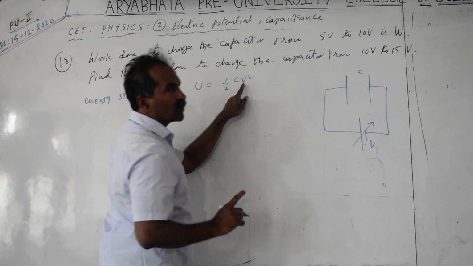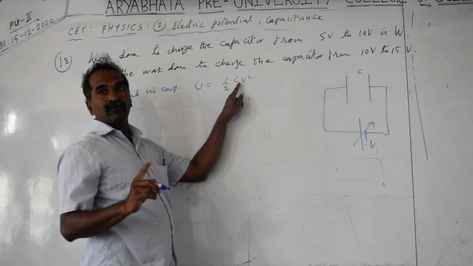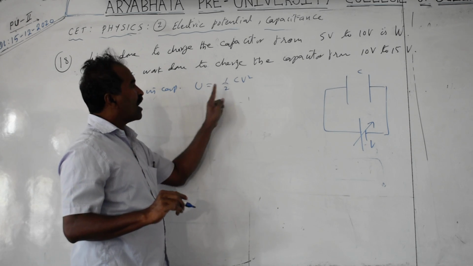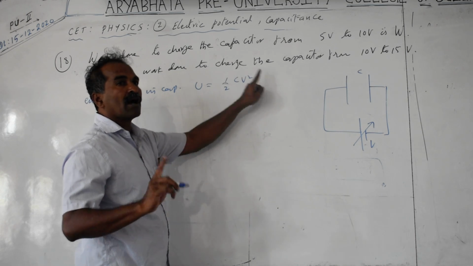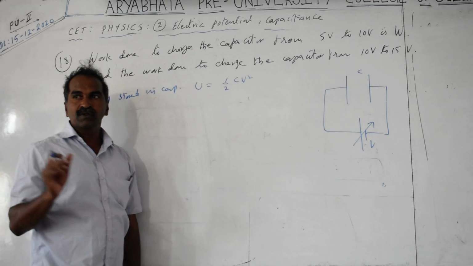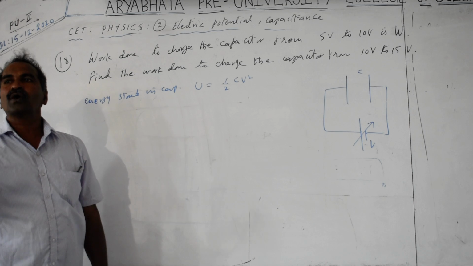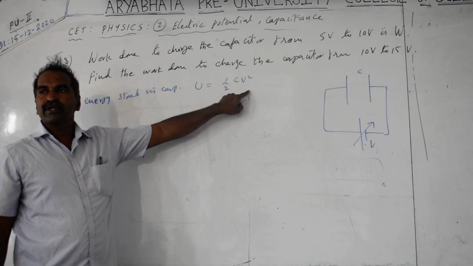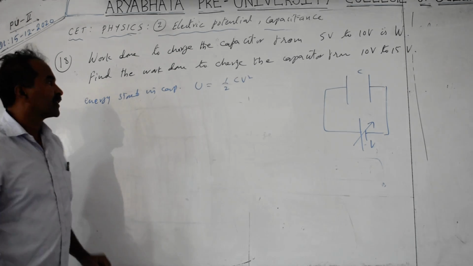When V is changing, don't take V2 minus V1 and then square it. Don't take it that way; you have to take the energy difference. So half C V2 square minus half C V1 square. So the work done to change the energy from one voltage to the other is half C common, V2 square minus V1 square.